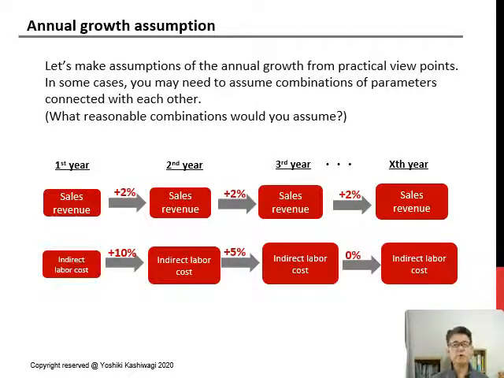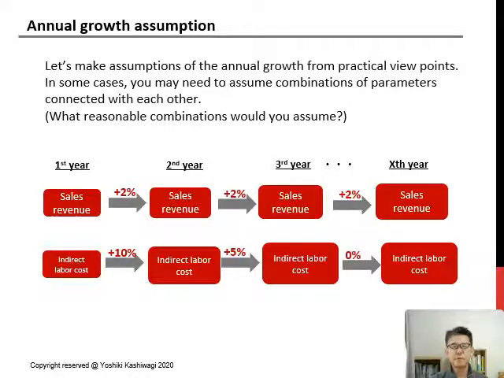So we do not do the same exercise as we did for the first year for year 2 and after. And I want you to make some assumption about the annual growth rate for each item. For example, let's look at the chart, the first line that shows the sales revenue growth assumption. In this case, this is a pretty simple assumption.